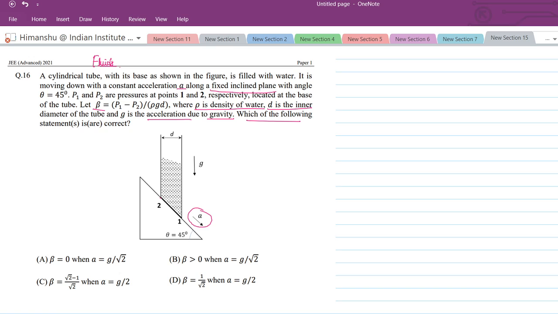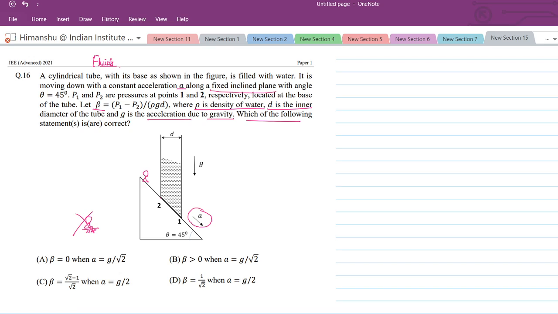So first of all, let us work from the frame of reference of the inclined plane, because then only we could apply the concepts of fluid statics, which is much easier than doing this by an inertial frame.